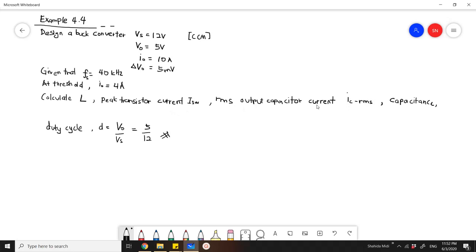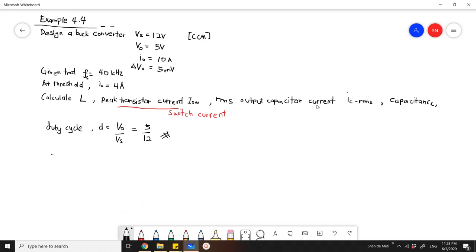For that we need the inductor current, and from the inductor current we can derive IC, I naught, and the transistor current. The transistor current here also means the switch current, the current through the switch. For this example the switch is a transistor, so instead of switch current we use transistor current. It's the same thing.